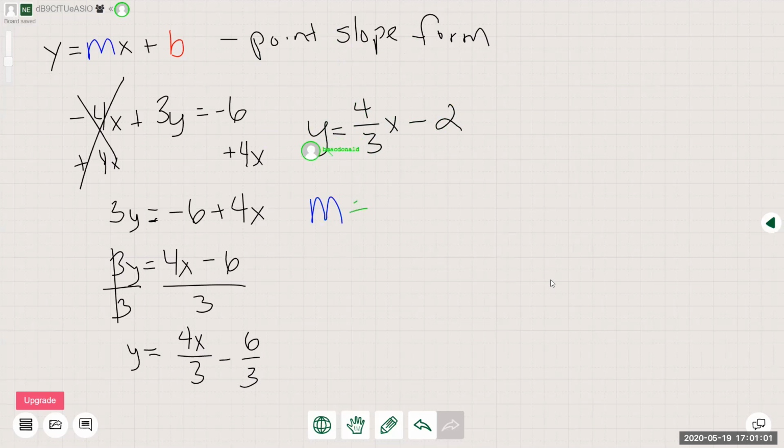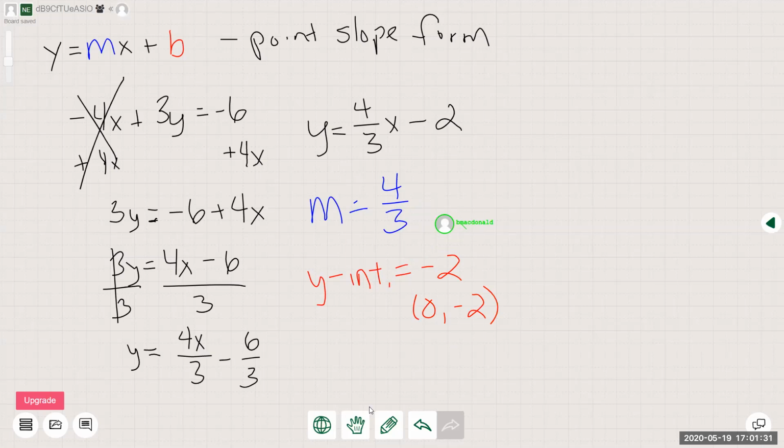So our slope is 4 thirds, and our y-intercept is negative 2. So what that means is we can graph it at 0, negative 2, and then we go 4 up and 3 to the right to get our next point, and then you have your line.